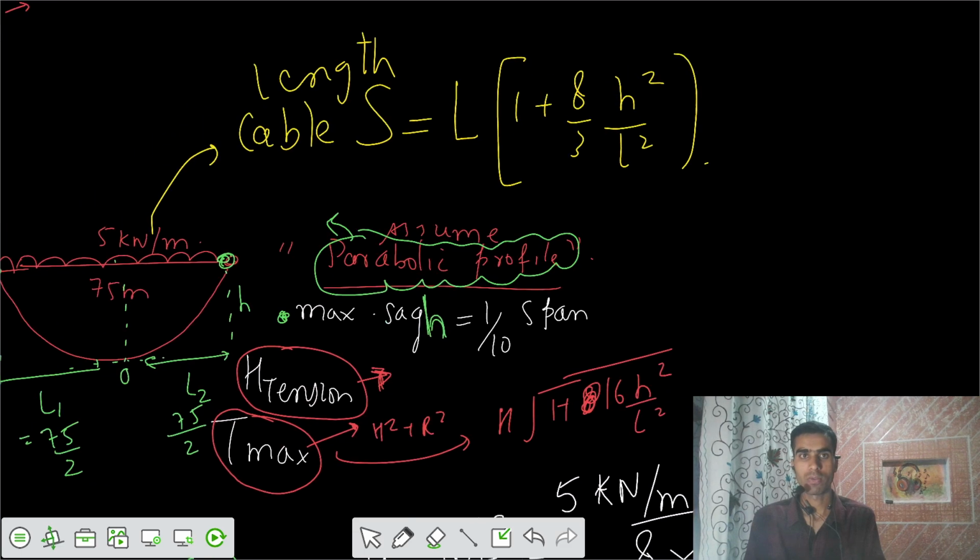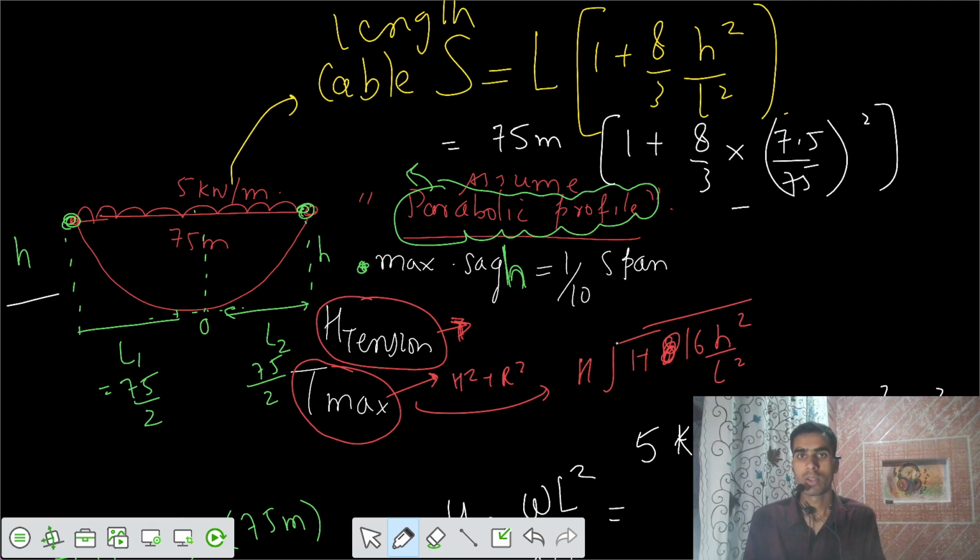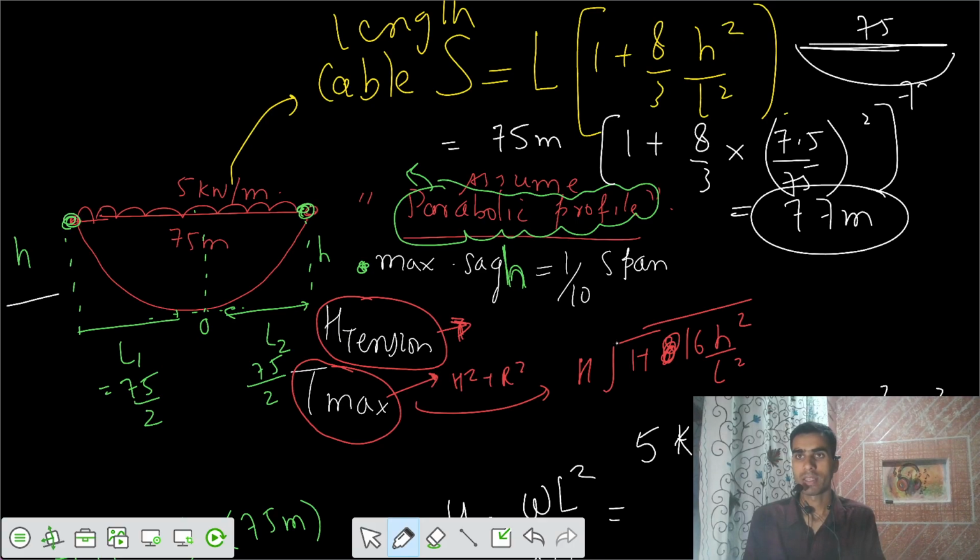Total length is L, 75 meter, into 1 plus 8 by 3 times 7.5 by 75 whole square. So we got a value of 77 meter. That is 2 meter more with respect to the horizontal. This was 75 and this one is 77 meter.